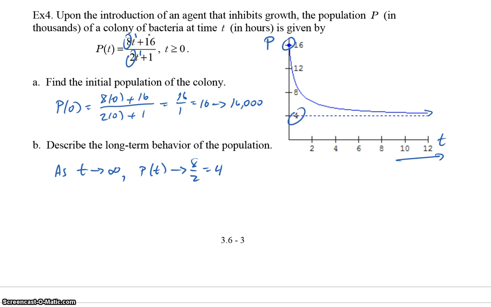So the population is going to level off at 4,000 bacteria. So here the occurrence of an asymptote at p equals 4 indicates a leveling off of the population after it is initially decreasing quite rapidly.